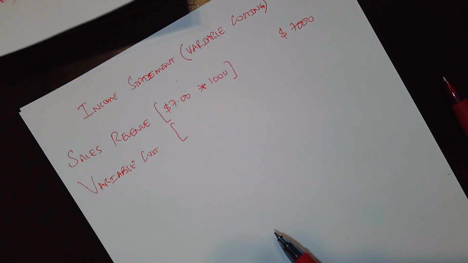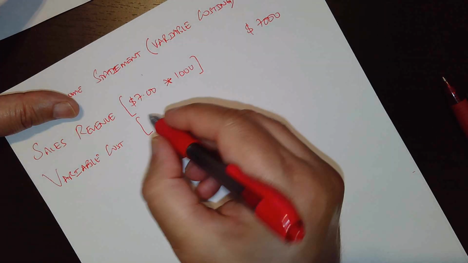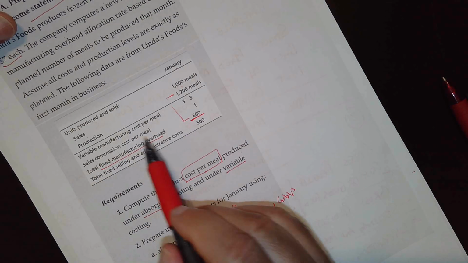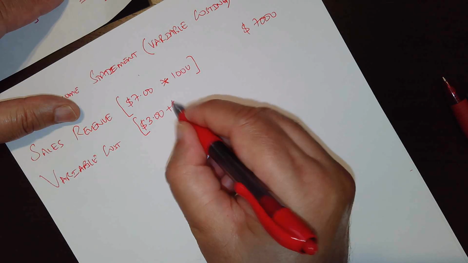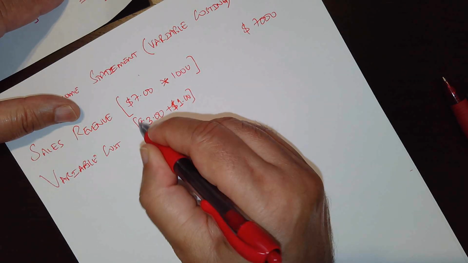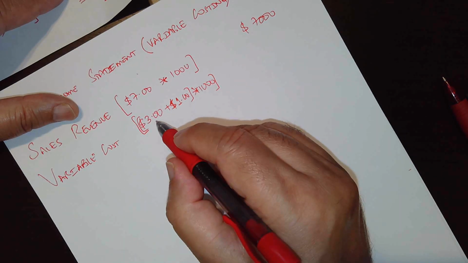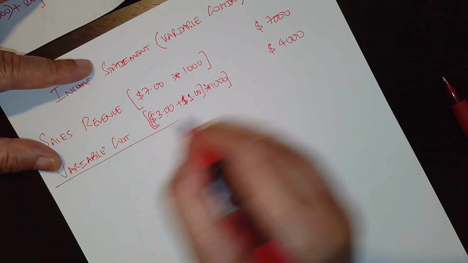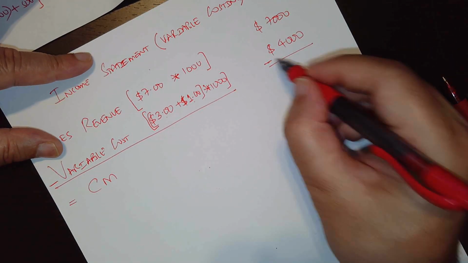So we're going to use $3. And we have another variable cost, which is sales commission per meal of $1. So we have to add that $1 here. And then we're going to multiply this by 1,000 units. So 4 multiplied by 1,000 is $4,000. And that gives us a contribution margin of $3,000.